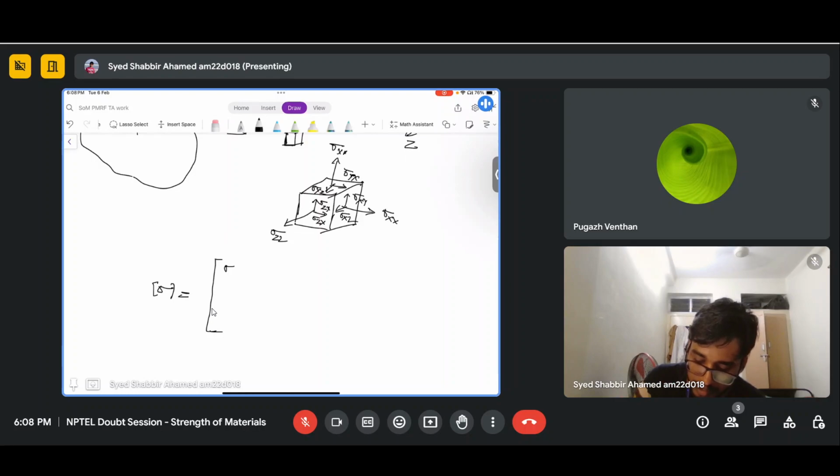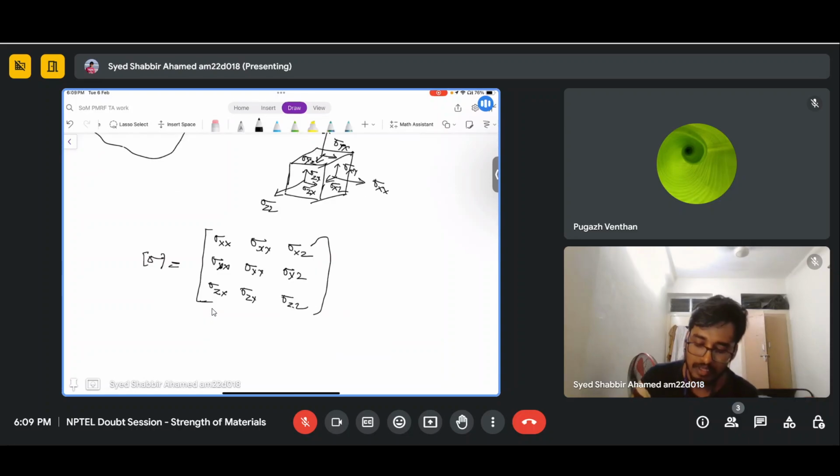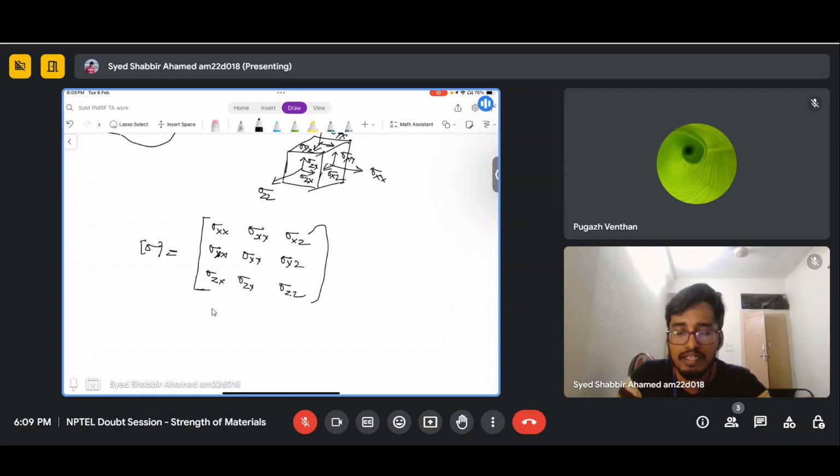So here we have sigma xx, sigma xy, sigma xz, sigma yx, sigma yy, sigma yz, and we have sigma zx, sigma zy, and sigma zz. So this tensor gives us the state of stress at a point.